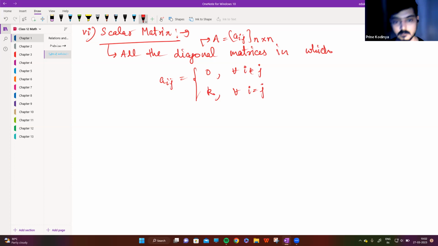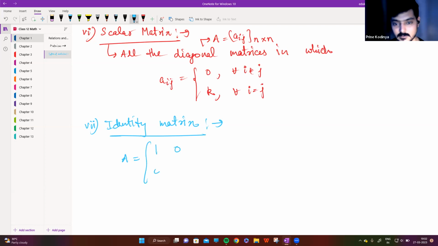For an example, a particular type of matrix I would like to show you, which is our 7th type of matrix as well: the identity matrix, we call it. Now, what is an identity matrix? A special scalar matrix in which k is equal to 1. So this is an identity matrix, 2 cross 2 order.